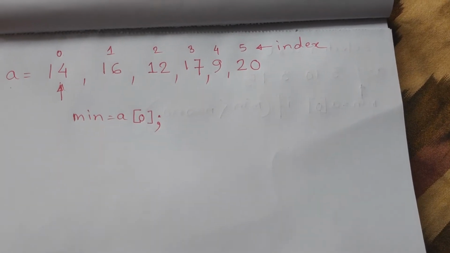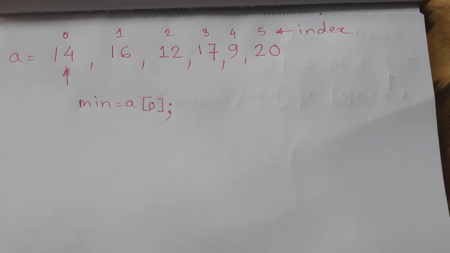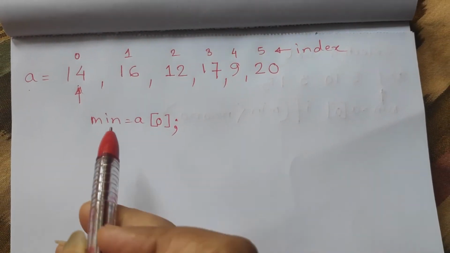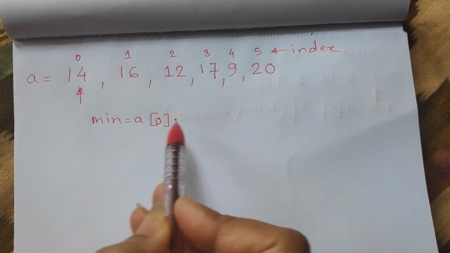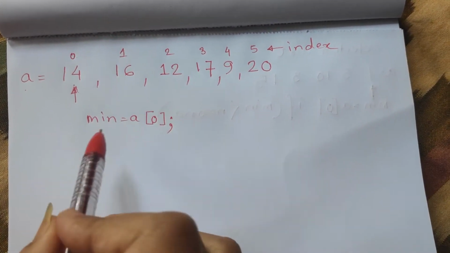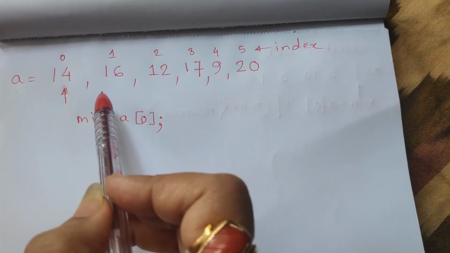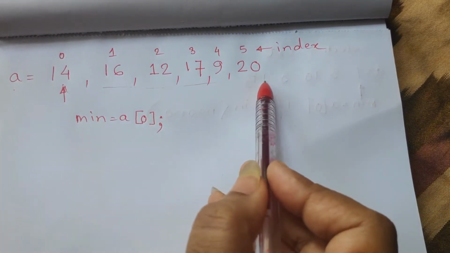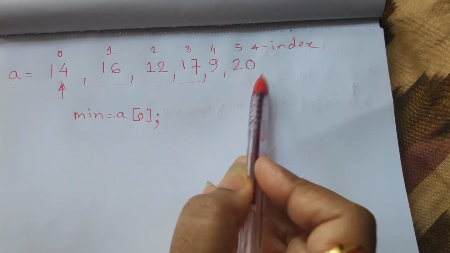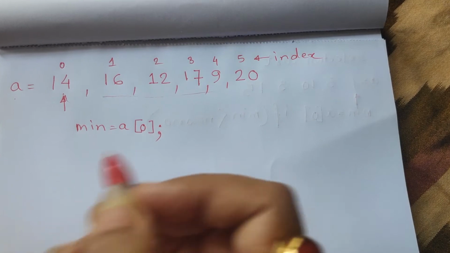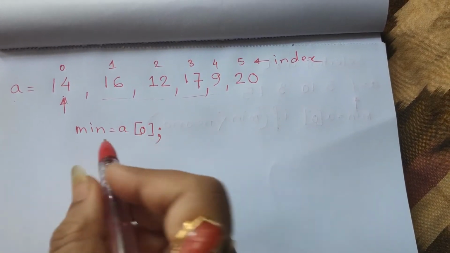It is only an initialization, correct? So we initialize this minimum as the 0th element of the array, right? After that we will loop through the rest of the elements. I will just give you a concept and then I will give you the code.